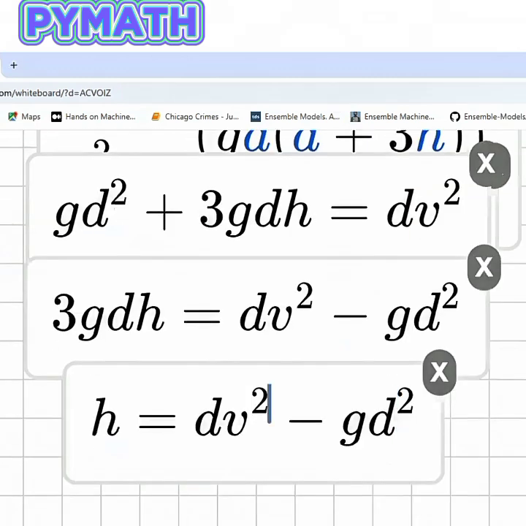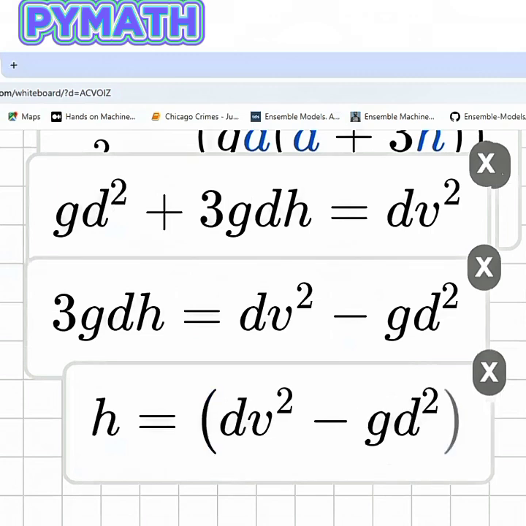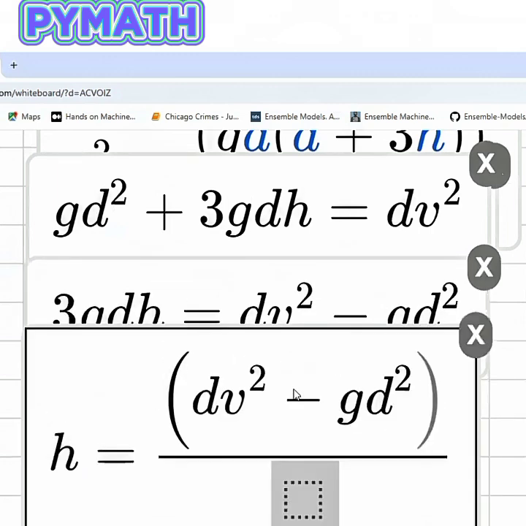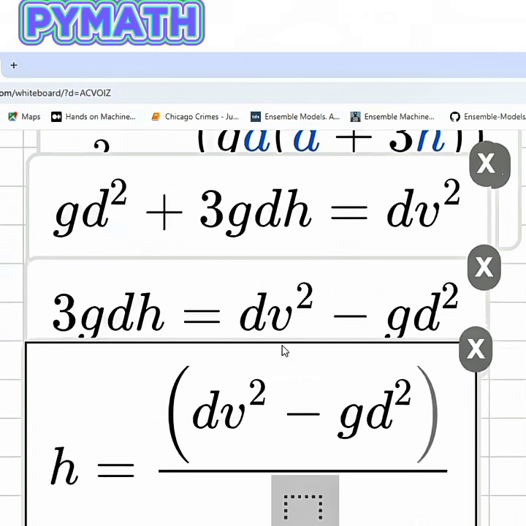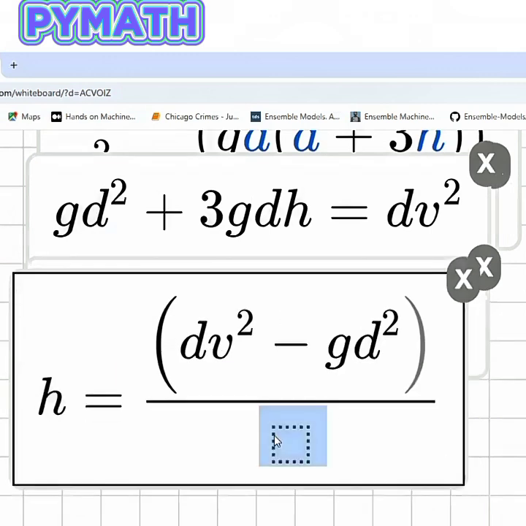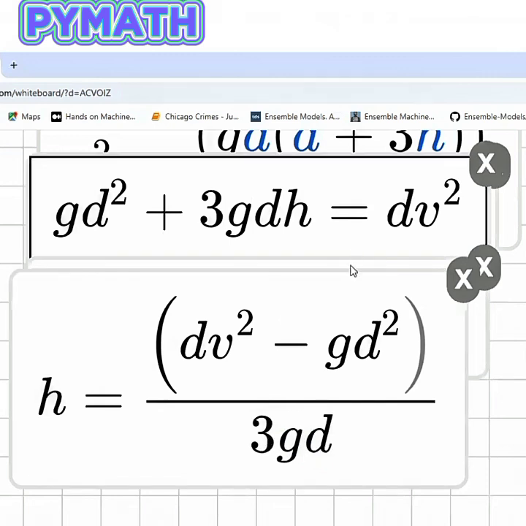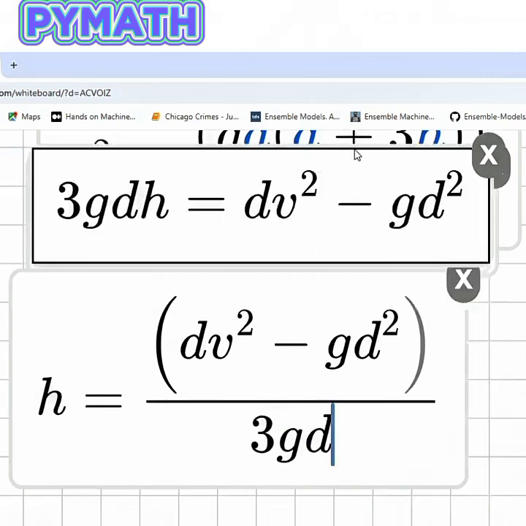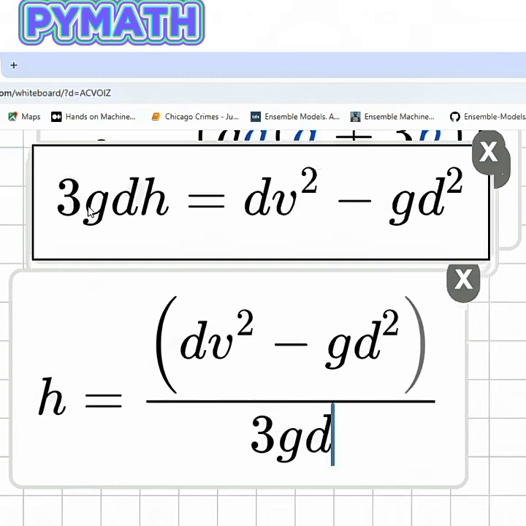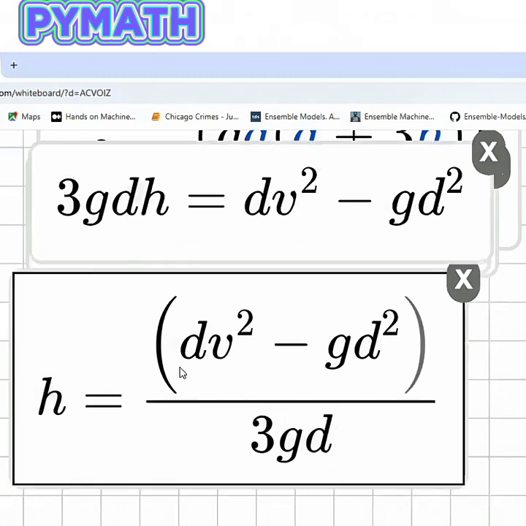Let's put this in brackets so you can pick it. We divide both sides by 3gd, and we are left with h equals dv squared minus gd squared over 3gd. All right.